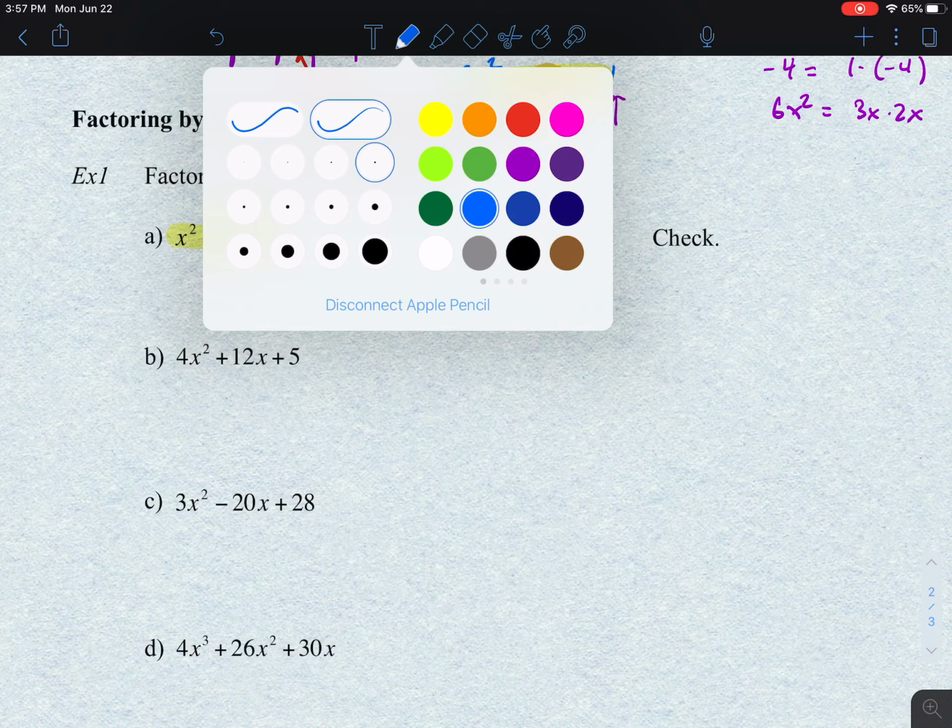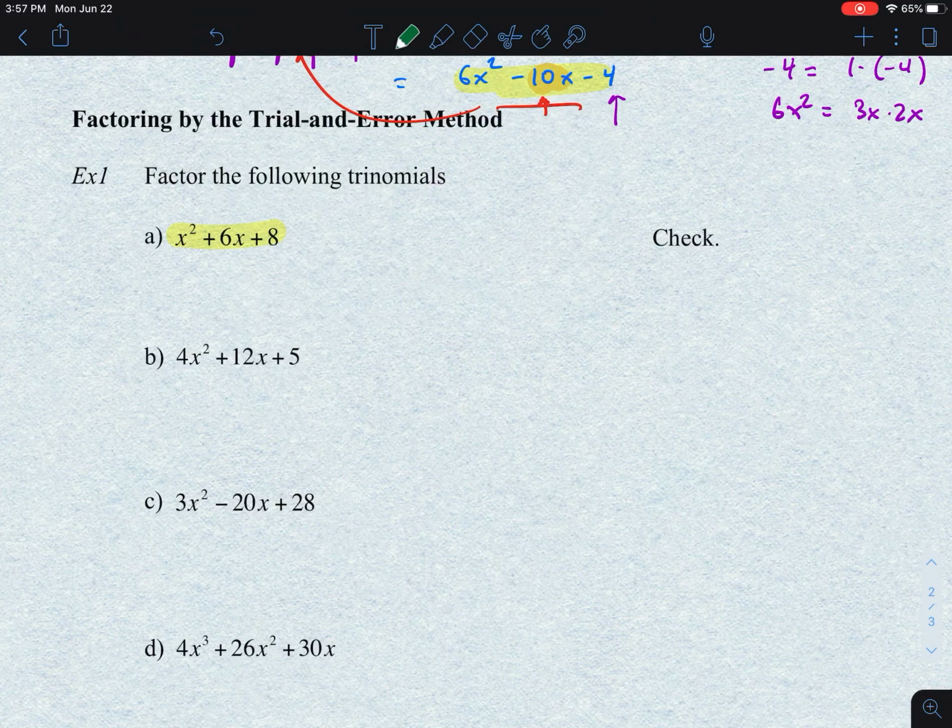If this trinomial is to factor, it's going to factor into a product of two binomials.